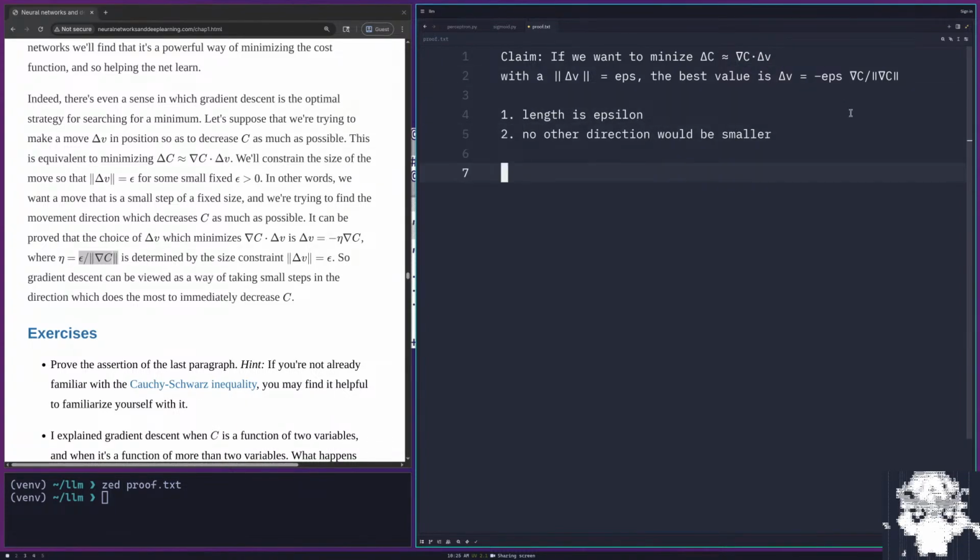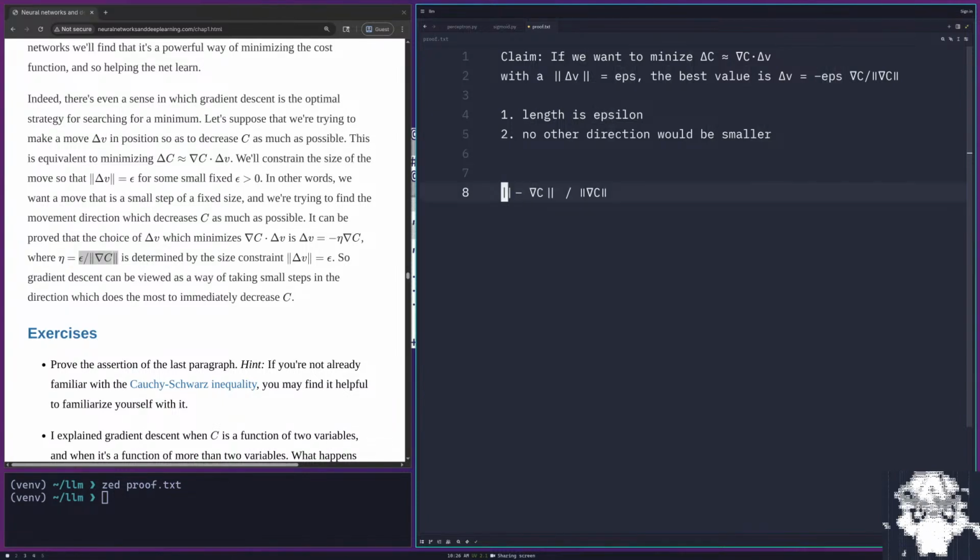So the first one is just saying what's the length of this thing. So if I take the length of this whole thing, I can move the constants out of it. So that's a constant. That's a constant.